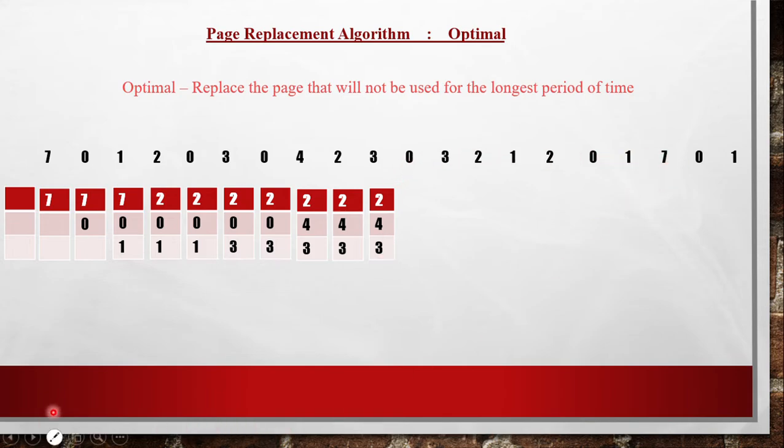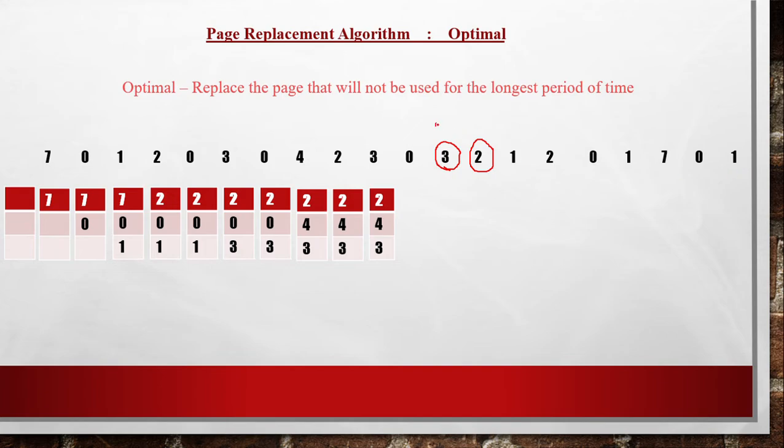So again we will analyze, we'll take a pen and see among 2, 3 and 4, which one is going to be referred in near future. That is 3. Next to 3, 2 will be referred. And see, in near future, I don't have 4 here.